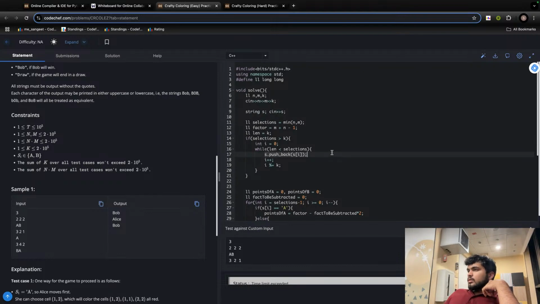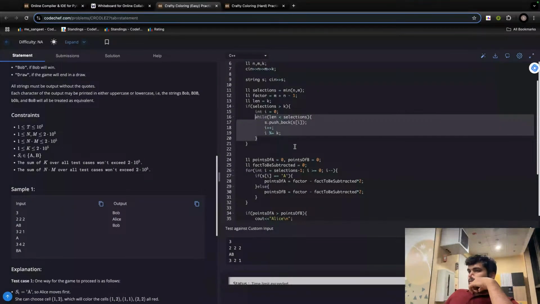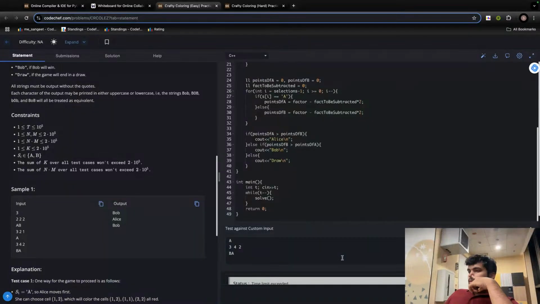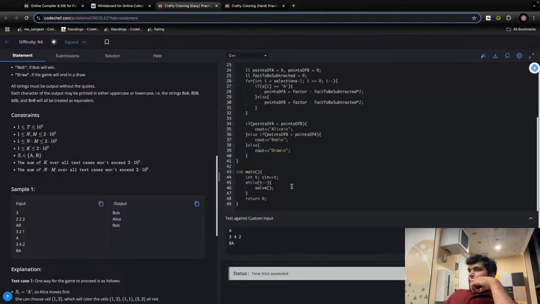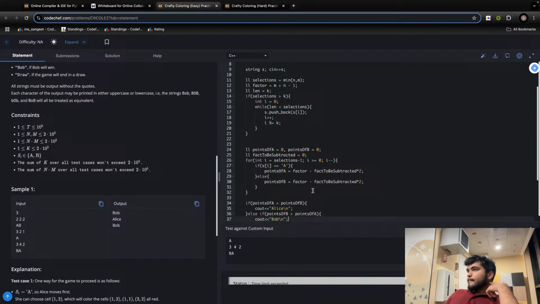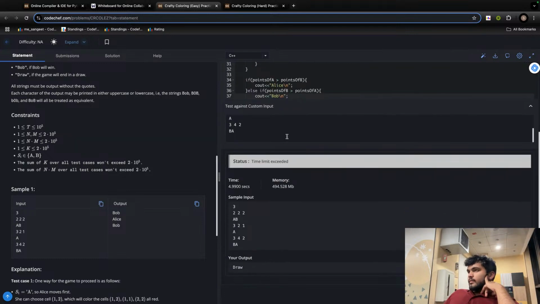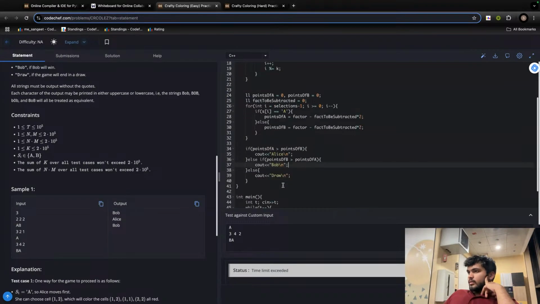Then we are modifying the string. And we have made sure that it is equal to selections. Okay, time limit exceeded. We're getting some time limit exceeded. But still, if the time limit is exceeding, we should not be getting a draw.